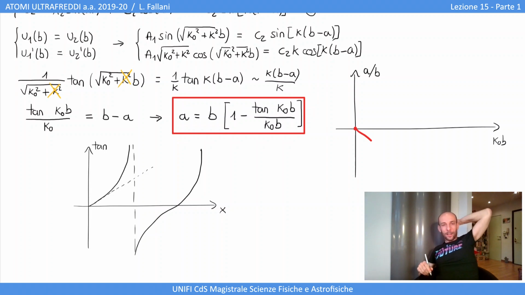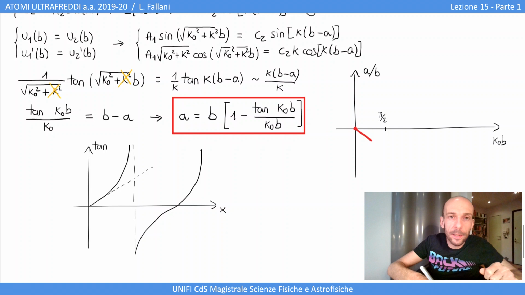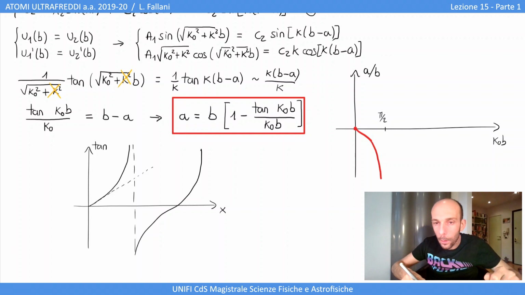So when k0b is equal to pi half, the scattering length will go to minus infinity, because we have a minus sign here.